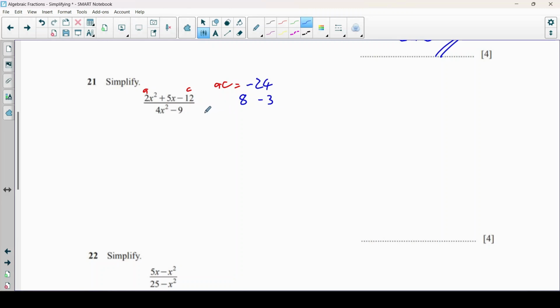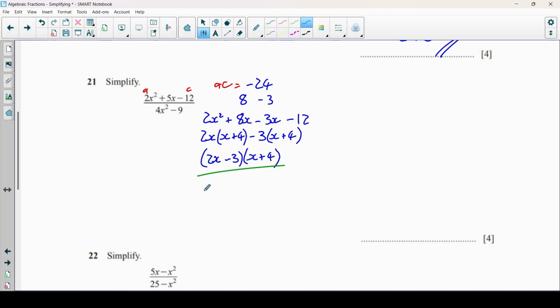So now I'm going to write out the quadratic splitting the middle. Then I'm going to make two single brackets. This one I can take minus 3 out and then x plus 4. So we end up with 2x minus 3 brackets x plus 4. So that's for the top.